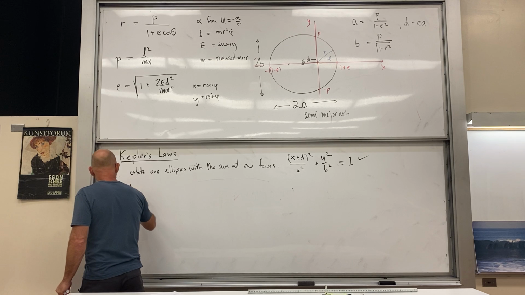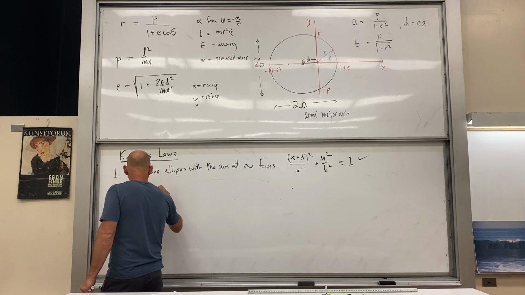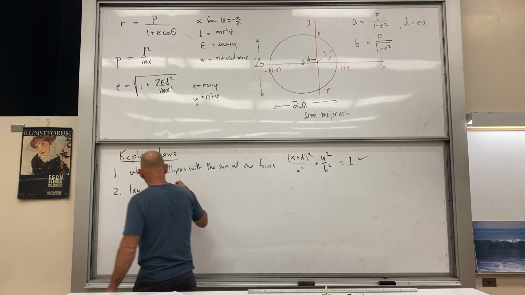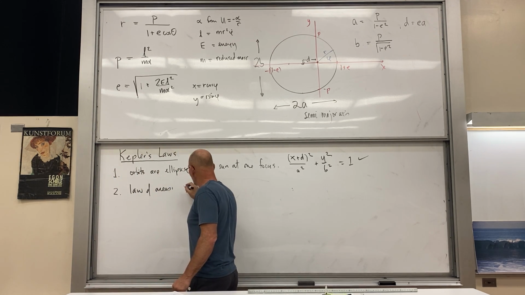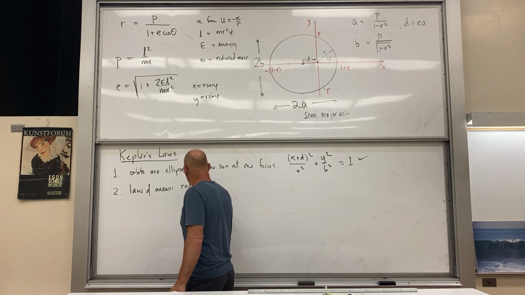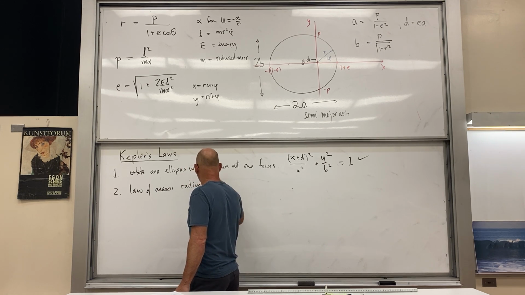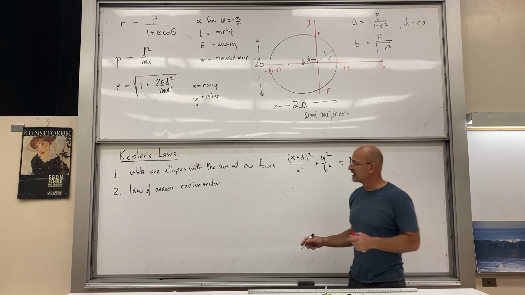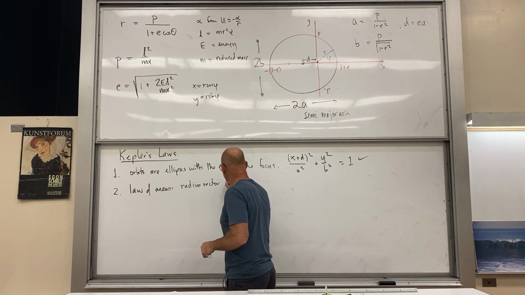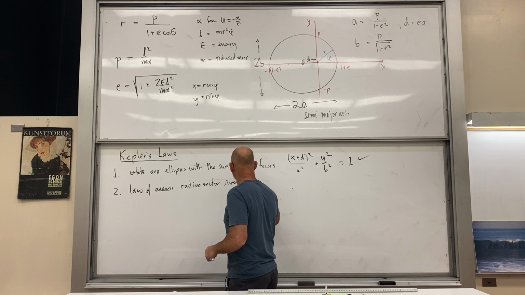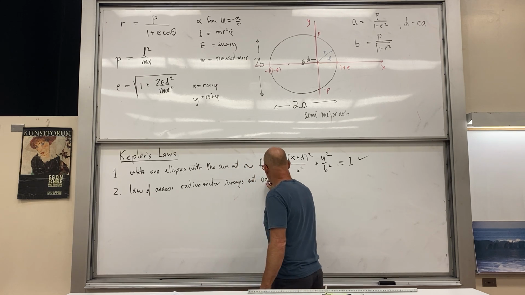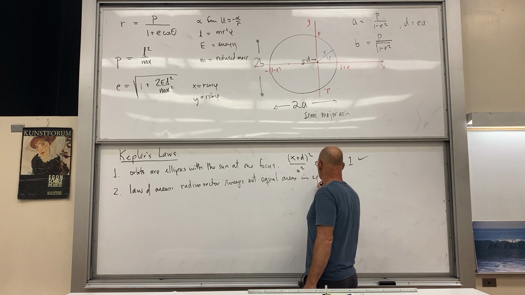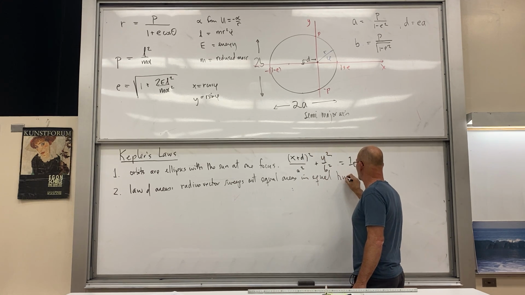The second law is the law of areas. And we could say that the radius vector, which is the line joining the sun and the planet, sweeps out equal areas in equal times.